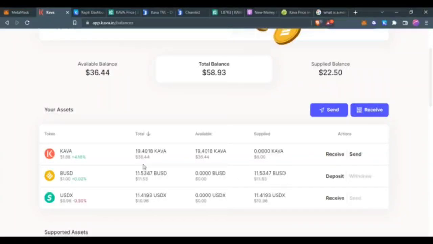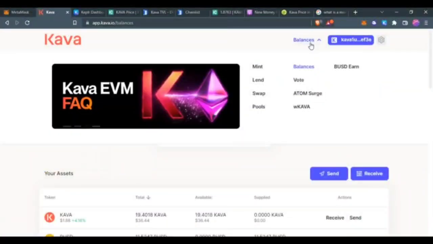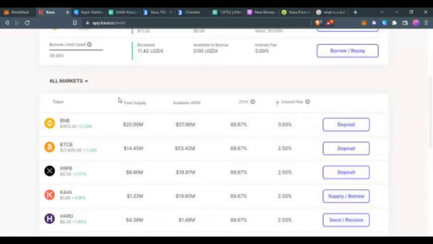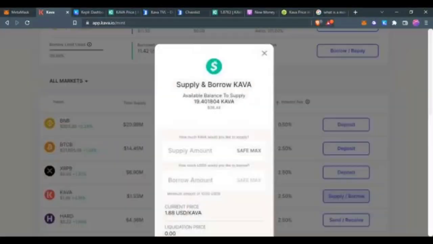Yep, right here, you can see your BUSD has been supplied here. And we do have the USDX supplied here. And we still have a certain amount of Kava available, to which we can, let's take a look at the minting process.